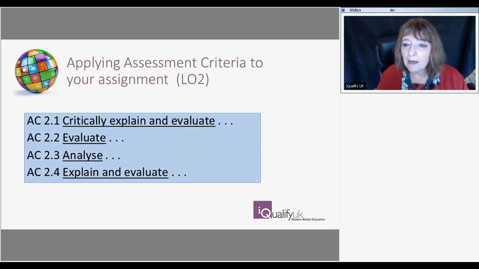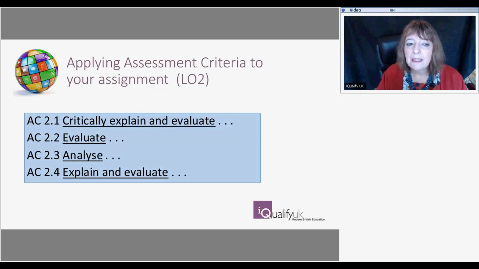So that's learning outcome 1 finished. We've dissected that pretty much. So now we're going to take a look at learning outcome 2. And here again, we've got some small command verbs. I don't always repeat ones we've done already because I'm sure that you understand what they all mean.